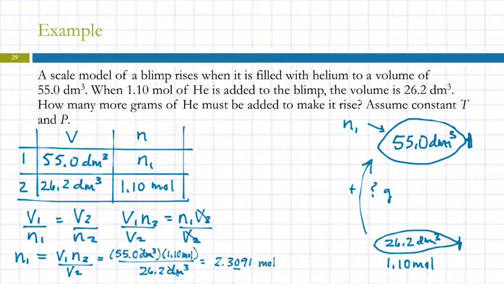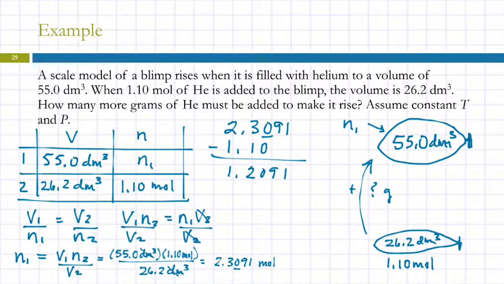So we can figure how much we need to add by just subtracting 2.3091 minus the 1.10 moles we currently have in there. Now don't do this subtraction longhand on the paper, because it's so easy to make a mistake.